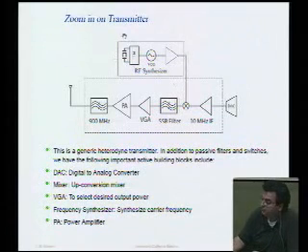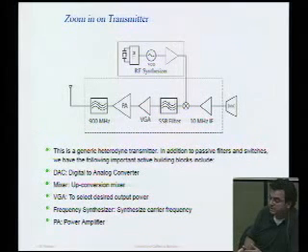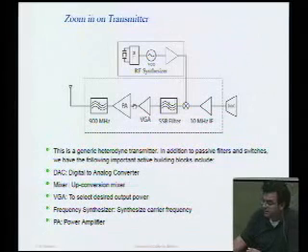There's that little crystal symbol that somebody brought up. This is our precise reference frequency. So now we've translated our baseband signal, the bits, into a precise RF signal, at a very precise frequency. And we can also set the amplitude very precisely with, let's say, a VGA, a variable gain amplifier.